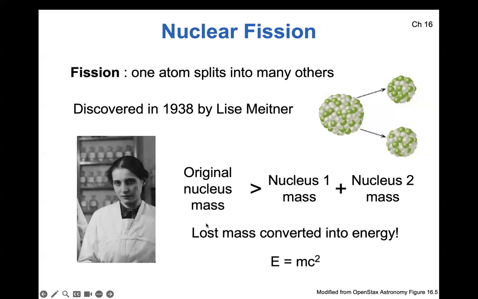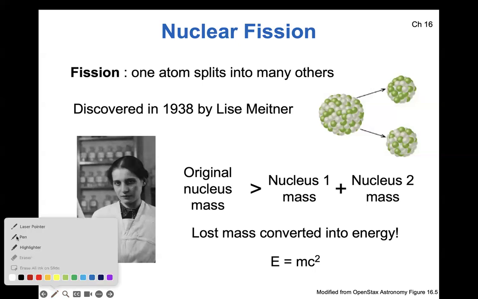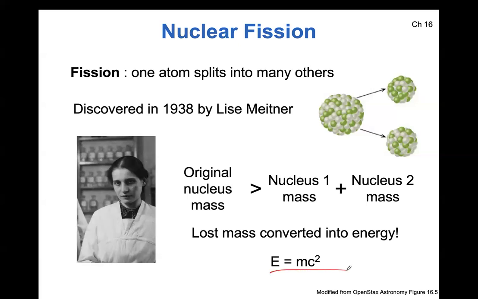Now, in a more practical sense, this loss of mass is converted into energy, and that relationship is given by a very simple formula, E equals mc squared.